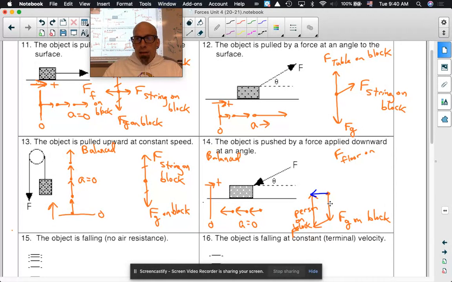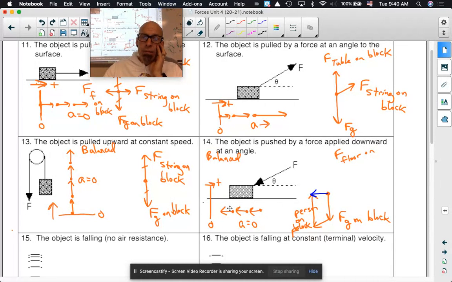When you add the gravity vector plus the force of the person on the block plus the force of the floor on the block, if you add those three together, you end up over here on the left side of the dot, which means we have an imbalance. Not balanced here. I said it was balanced in my diagram, in my motion map, but it isn't. Not the way I've drawn the force diagram.